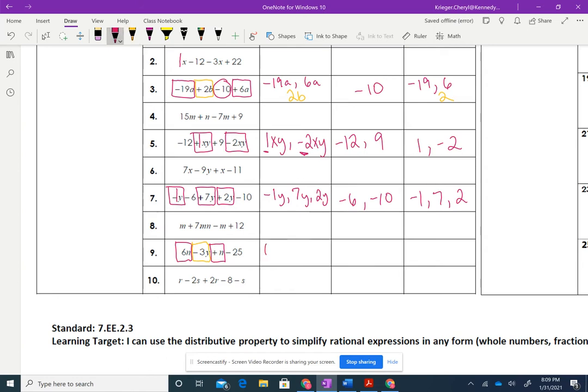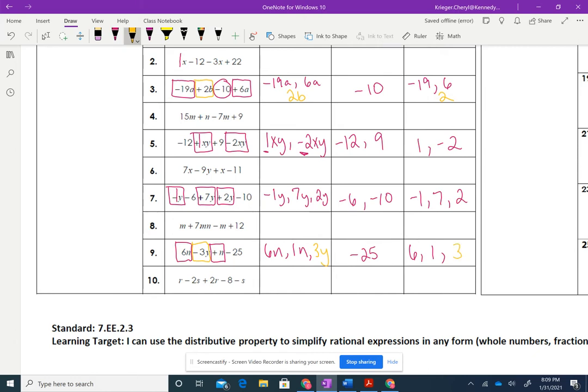So 6n, 1n, and 3y. And this time, my only constant, the only thing left, is -25. And my coefficients will be 6, 1, and 3.